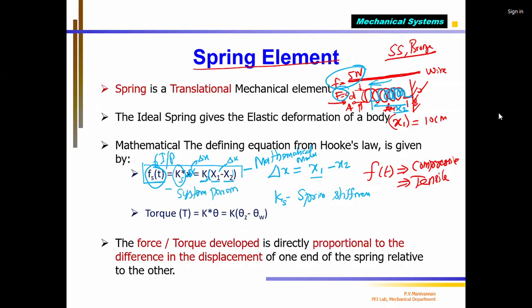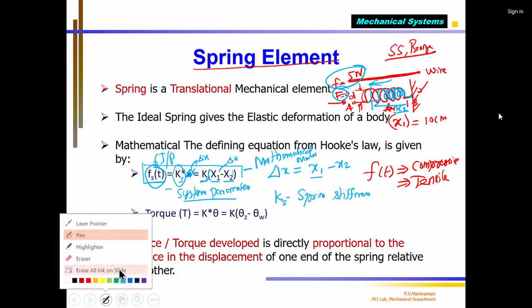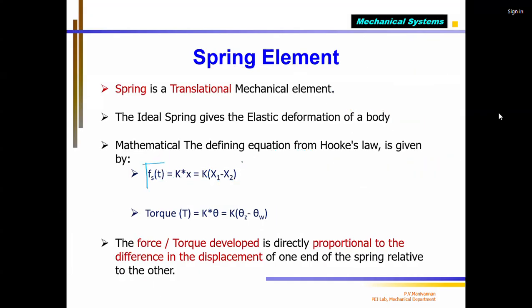Ks, the spring stiffness, is the system parameter. Delta x, x1 minus x2, the original length minus the new length after applying the force, is the output. And F of s, the force you are applying, is the input force.